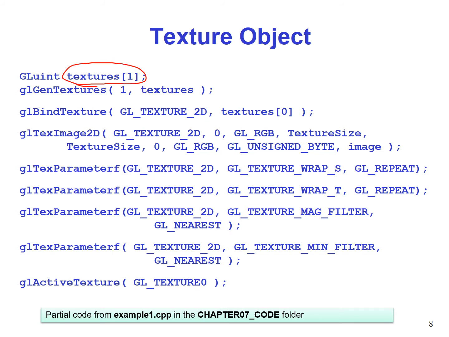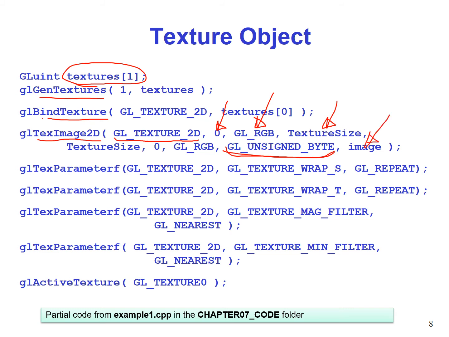When we generate the textures and bind the textures, we then use the glTexImage2D command to specify the type of texture mapping, the dimensionality and the MIP mapping levels that we want to use, the type of texture that we have, the size of the texture, the width and height of the texture image, the type of the variable in which the image is stored, and finally a pointer to the actual values of the texture.